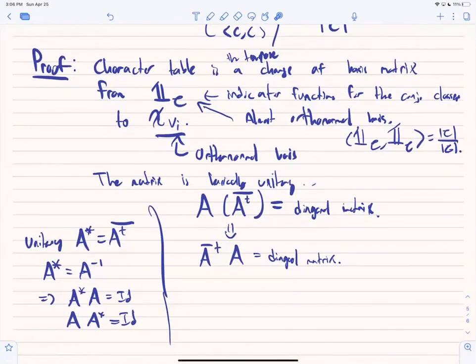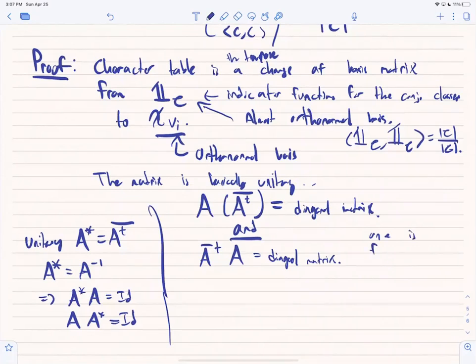If you expand this out, one of these identities is first orthogonality, and the other is second orthogonality. So the matrix is unitary, so this holds, but also this holds.